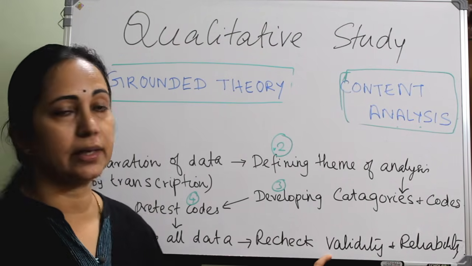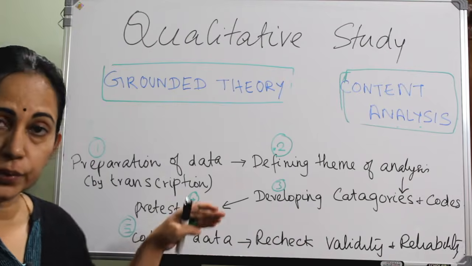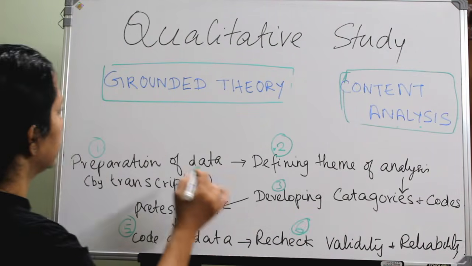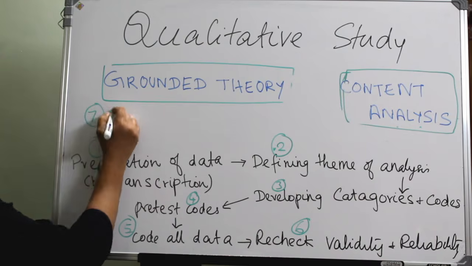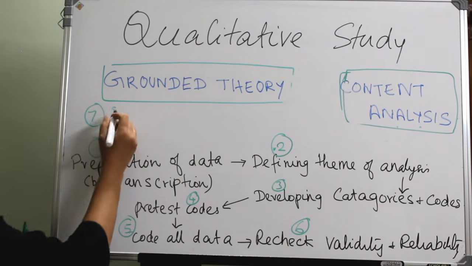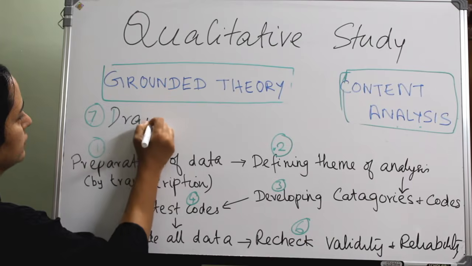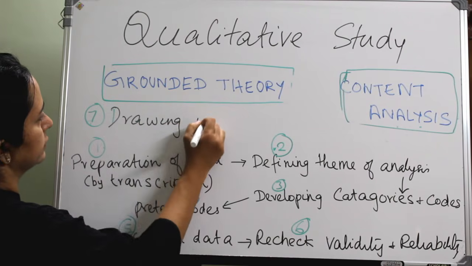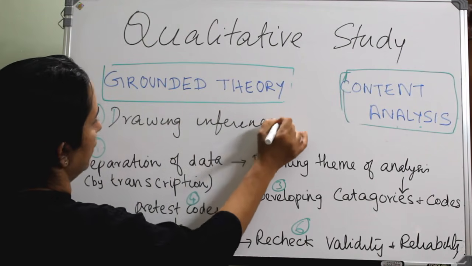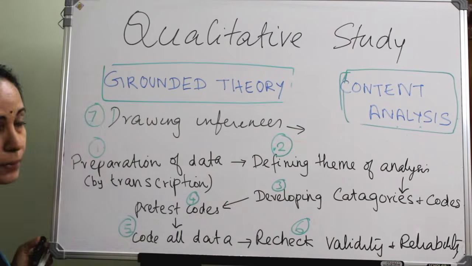Again, recheck the validity and reliability of the codes among different investigators. The seventh one is drawing inferences based on these themes. And after that, we have to publish the results.